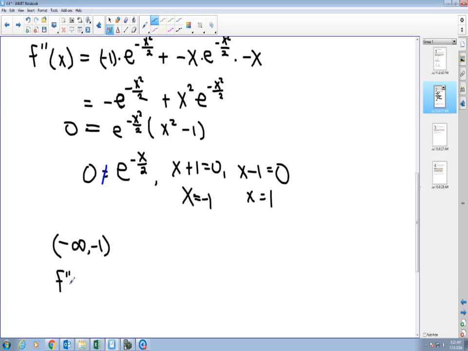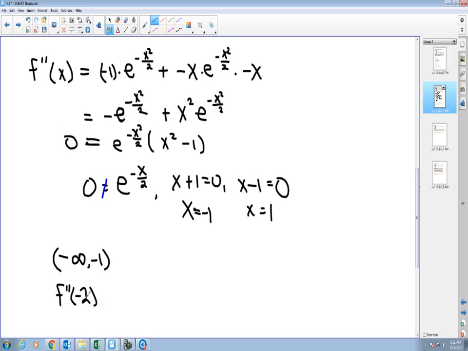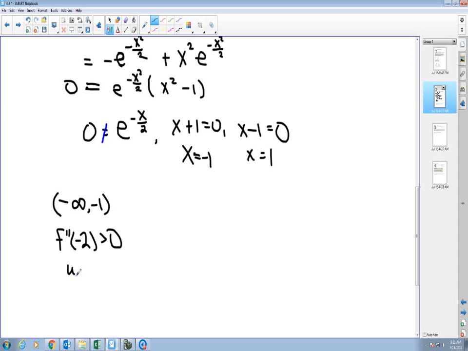So my f double prime of negative 2, plugging negative 2 back into my f double prime. If you plug it in, you will notice the y value will be positive. So if it's positive, that means I'm concave upward in that interval.